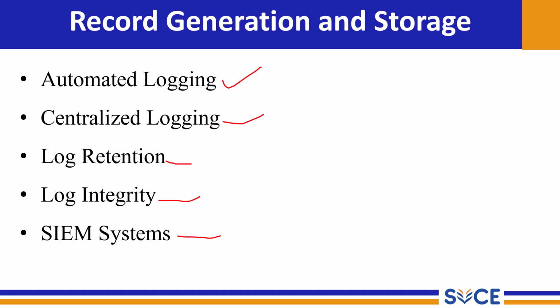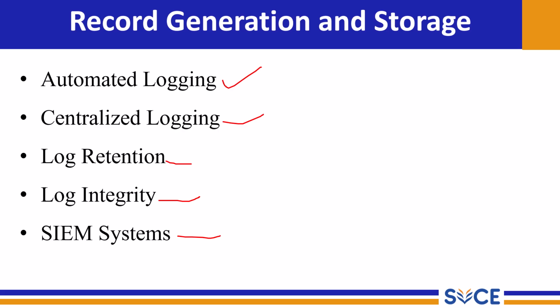Then complexity of configuration. Setting up and managing record generation policies, what to log and the level of detail, can be complex, especially across diverse cloud services and applications. Incorrect configuration can lead to either insufficient logging or overwhelming amounts of irrelevant data.